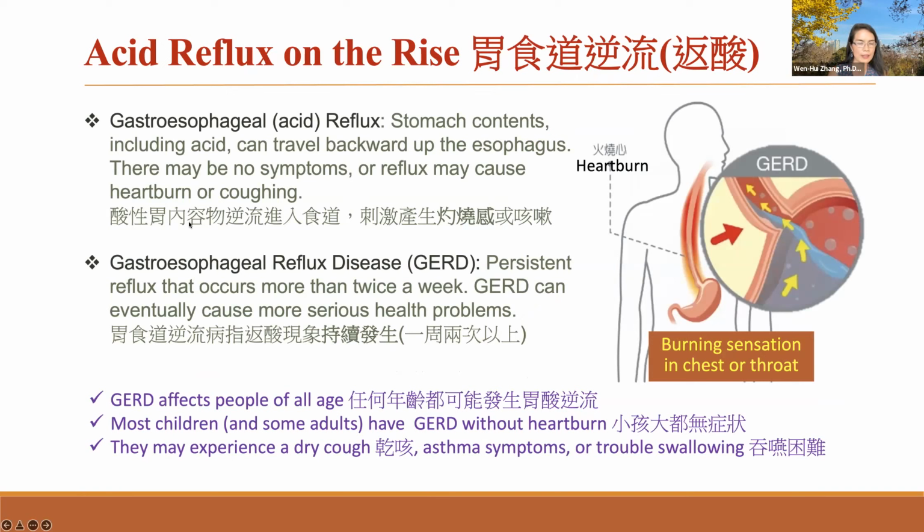Acid reflux is when acidic stomach content flows back up into the esophagus through the lower esophageal sphincter. When the acid reaches the esophagus, it causes a burning sensation, so we call it heartburn.